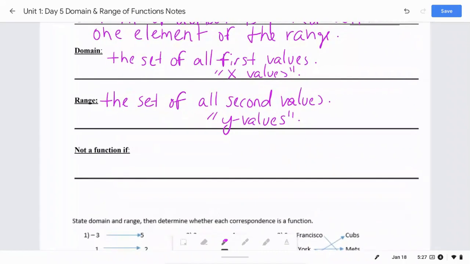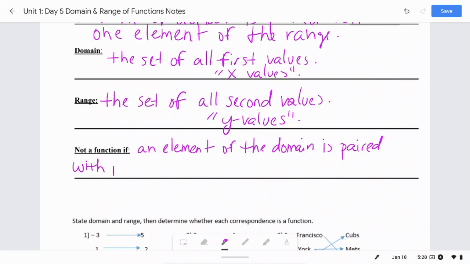Something is considered not a function if an element of the domain is paired with more than one element of the range.